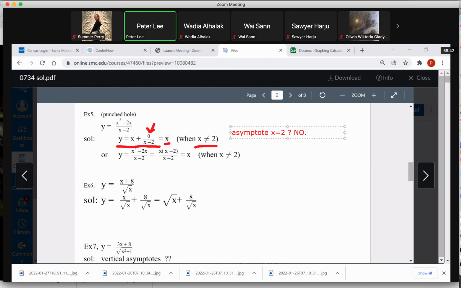No. In fact, this is a line. This is a line with a hole. A hole at x equals what? x equals 2. That is at the point (2, 2).